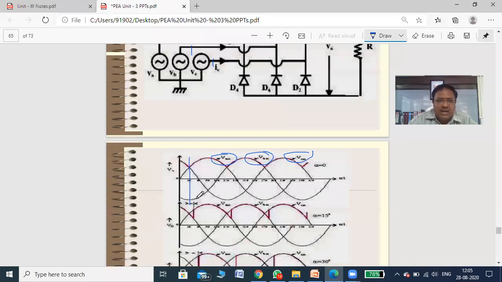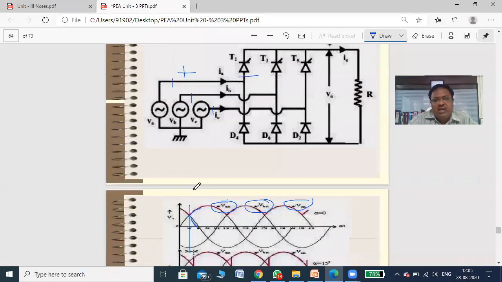So you can see here at this instant, alpha equal to 30, VBN is most negative and VAN is most positive. Even VCN is also positive, but it is decreasing, right? And VAN is increasing. So we can say VAN is the most positive and VBN is the most negative.